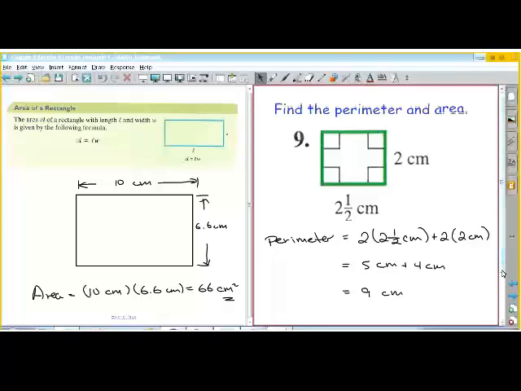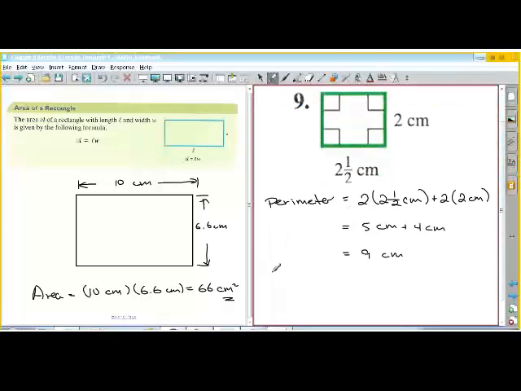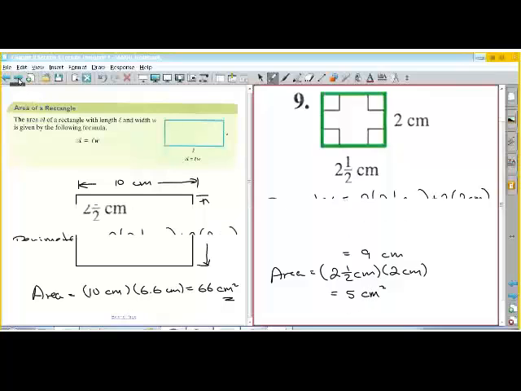And the area of a rectangle is just the product of the two dimensions. So the area is just equal to 2½ centimeters times 2 centimeters, which is 5 centimeters squared. It's area, so we have to make sure it's centimeters squared.